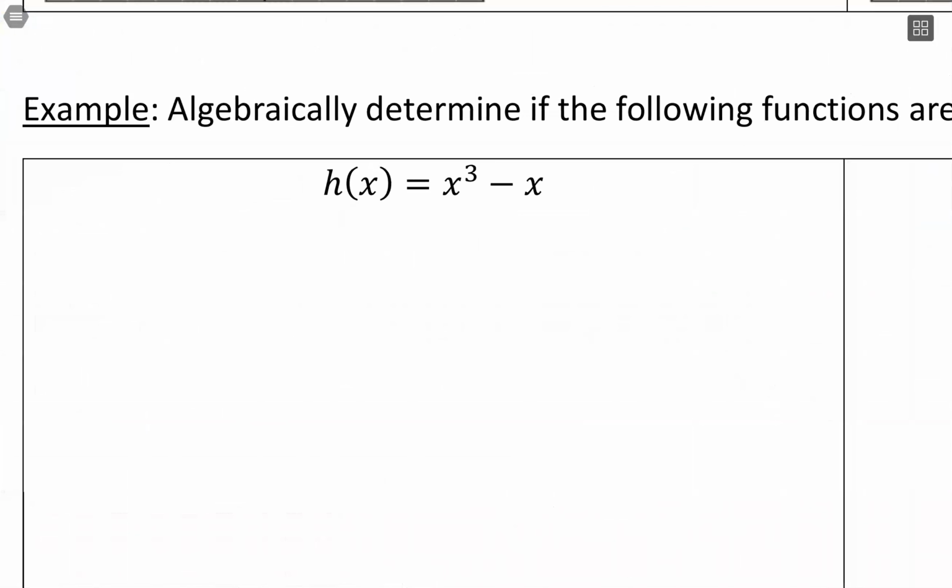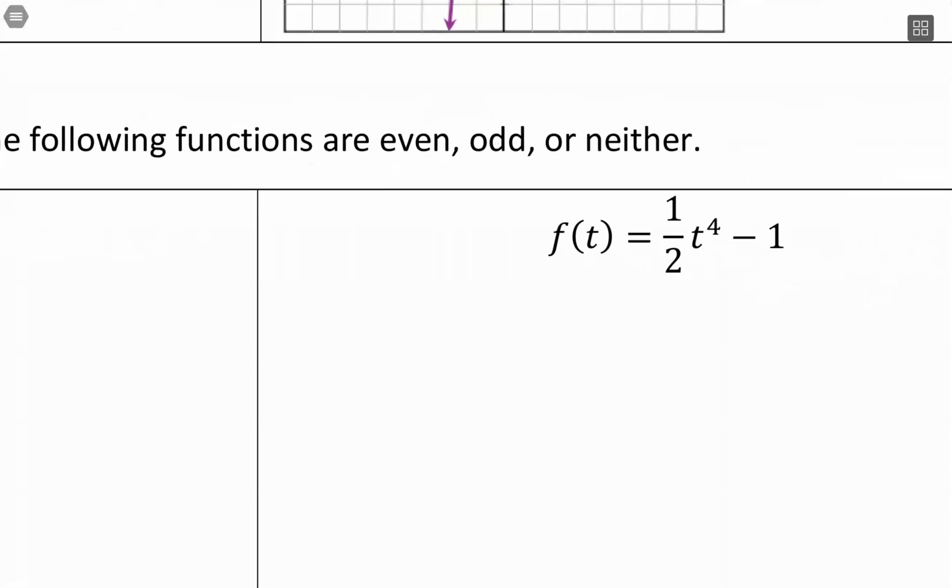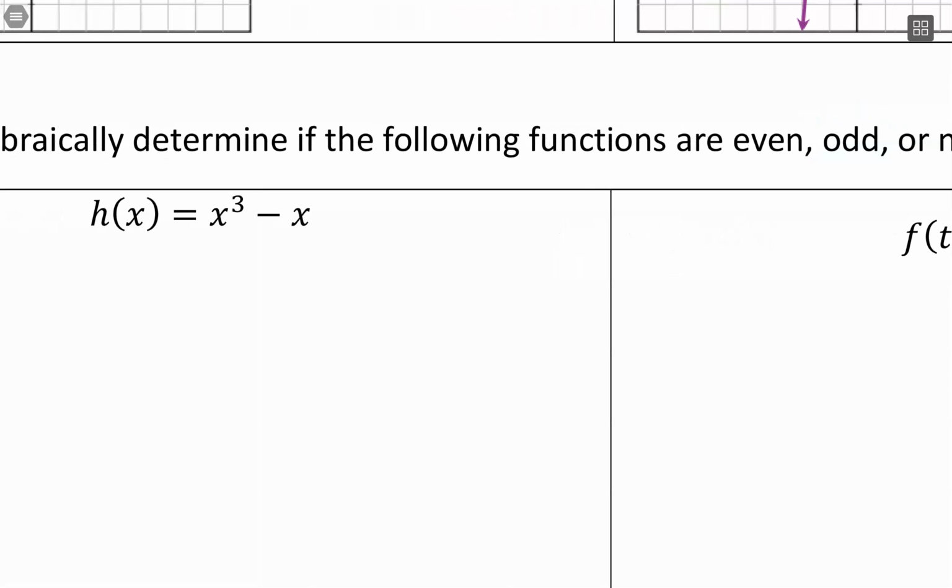What we'll do is first look at it algebraically, and then we'll take a look at the graph to see how that works out. So proving algebraically, what I do is start with plugging in h of negative x, or f of negative x. We're going to do this for all of them. So first things first, look at plugging in negative 1 times your variable and simplify.